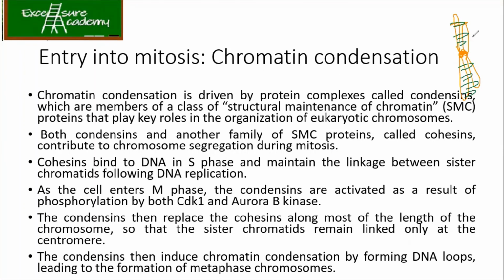Condensins क्या करेंगे? इस cohesins को remove कर देंगे. So क्या होगा? Only at the centromere it is attached. ठीक है? हाँ, इतना clear है? And of course condensins are helping in the condensation of the chromatin to form complete chromosomes. Is this much clear? The takeaway message of this slide?